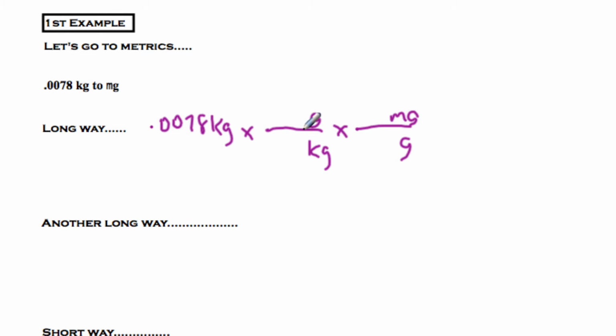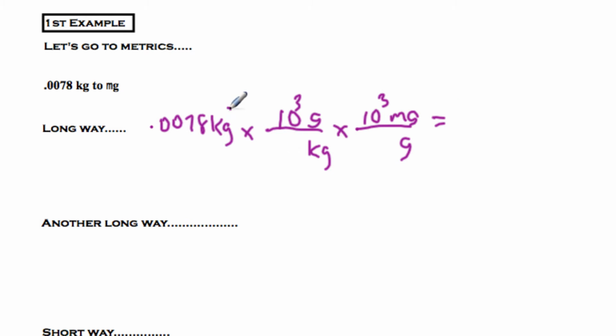Now, all we have to do is think in terms of tug of war. Who's the little guy? Who's the big guy? Here, gram is the little guy, and we have 10 to the third grams is a kilogram. And here, the little guy is milligram, milli is 1,000th, and therefore we have 1,000 little guys equals a big guy.